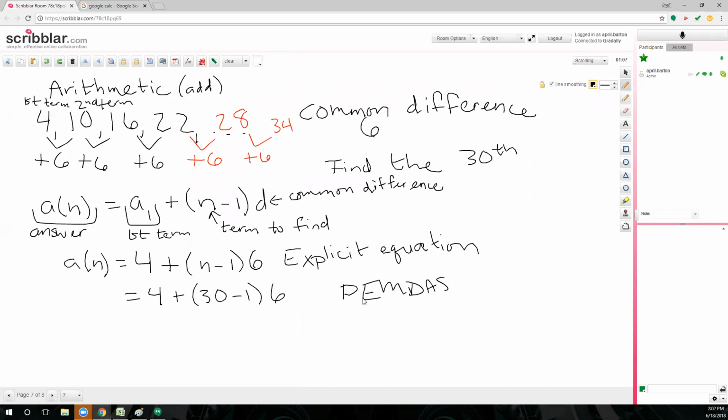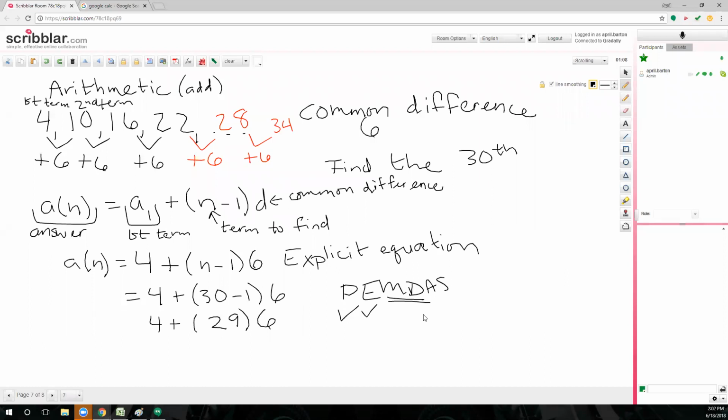And this says that when you're simplifying anything, do the parentheses first. So we have to do the 30 minus 1 first, which is 29. So we've done parentheses. If there are exponents, we would do exponents, but we don't have any. So next comes multiply, divide.